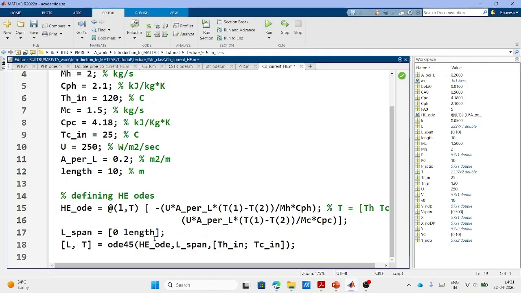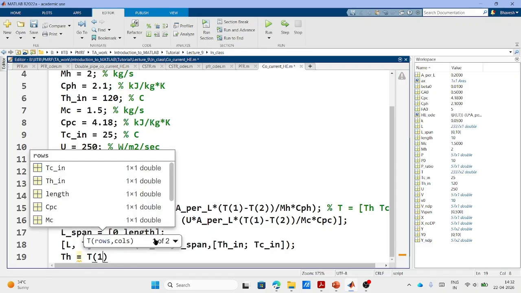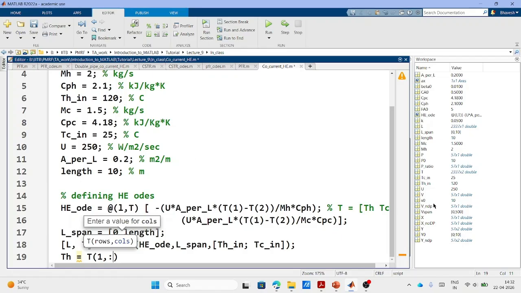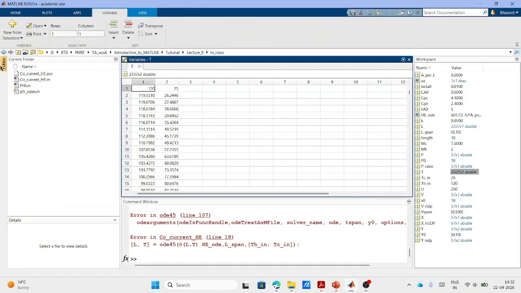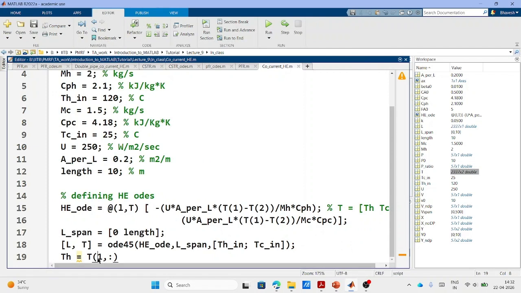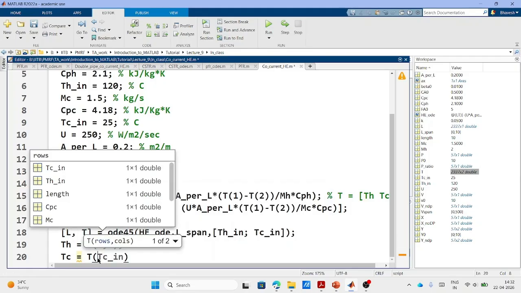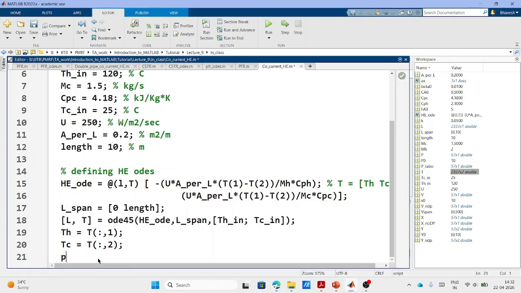So that's that. Then once I have done it, I can find TH is equal to T, comma, all rows, first column. It's a column vector, right? So T, comma, all rows, first column. TC is equal to T, comma, all rows, second column. You can plot them.